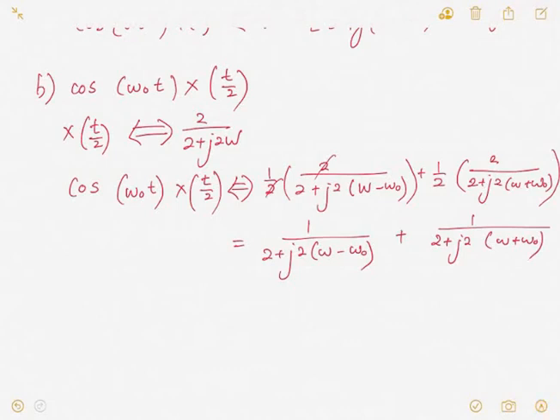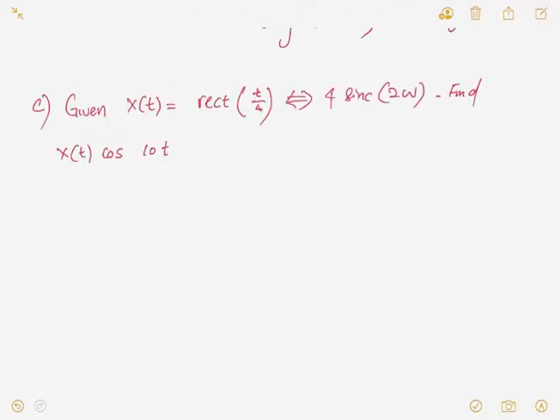It's quite simple. Now we go to another example again. Another example is like this: x(t) equal to rect(t over 4), and X(omega) is 4 sin 2 omega over omega. So you need to find x(t) cos 10t. From the question we know that x(t) is rect(t over 4), and we get 4 sin 2 omega.